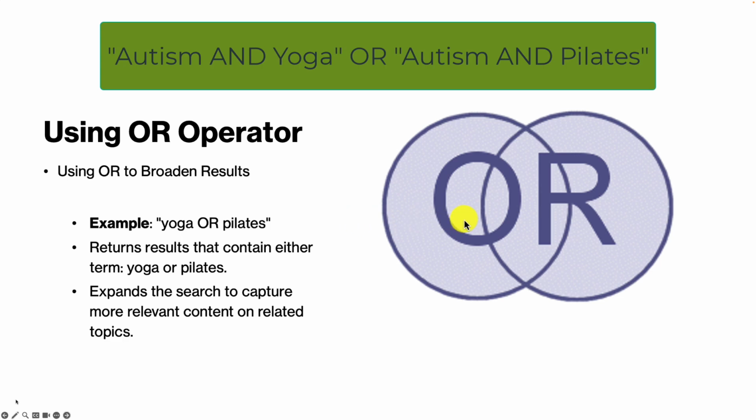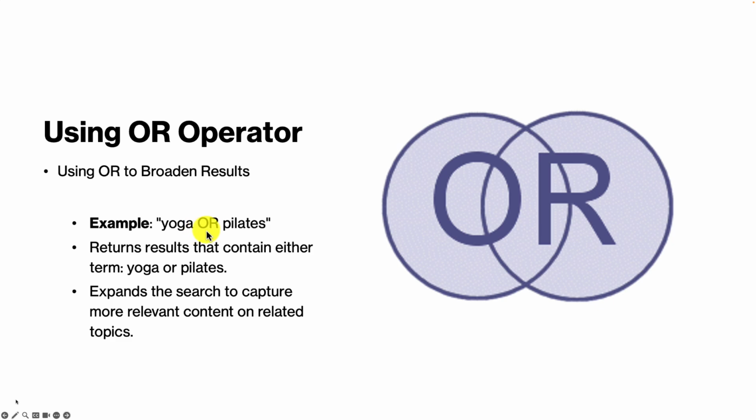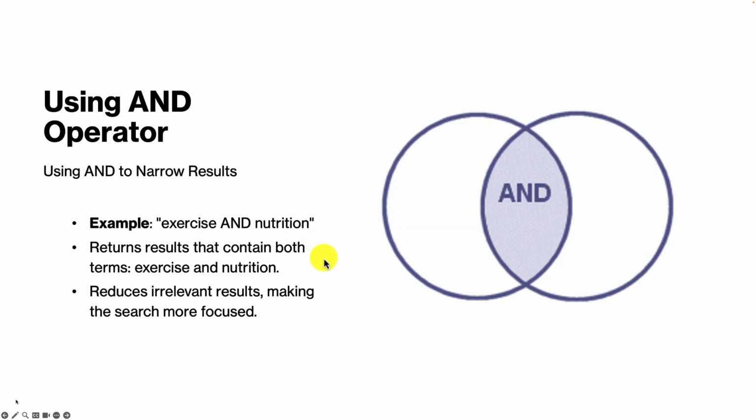So if I use those two search strings, that would give me papers that have to do with children or adults with autism and yoga. And then it will find anything that has to do with autism and Pilates, right? So now you've expanded your search within specific phrasing using autism and yoga, or autism and Pilates. All right, so that's how that would work there.